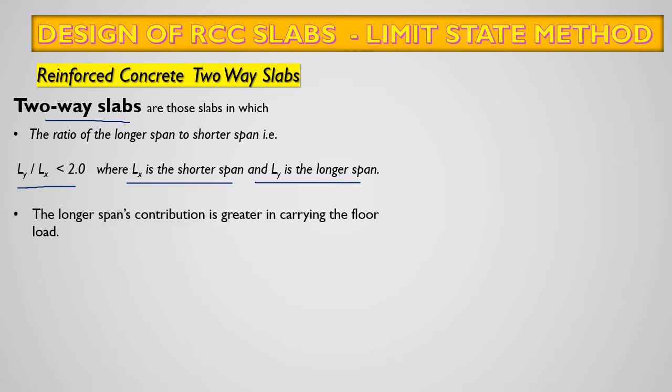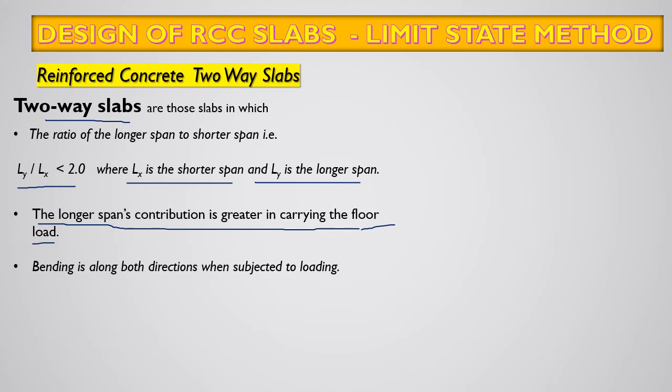Next point of discussion is the longer span contribution is greater in carrying the floor load. So that means whatever be the total load coming on the slab, that will be distributed along both the directions, along the longer span as well as the shorter span. And it is expected that along the longer span, load contribution will be greater.